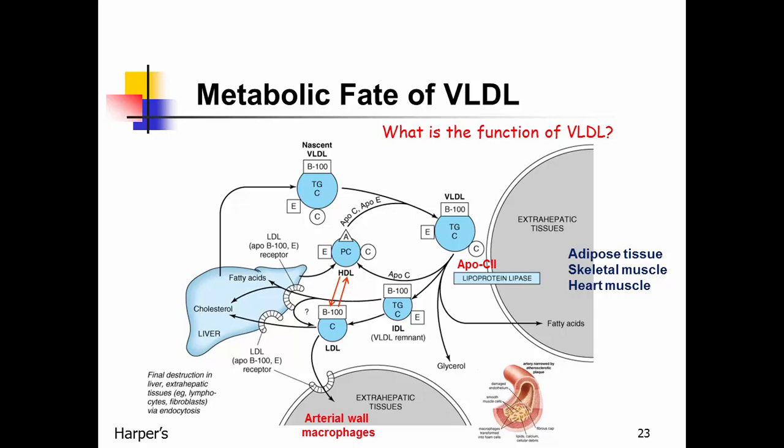Eventually mature VLDL arrives in peripheral tissue, like adipose tissue or muscle, and the triglyceride can be broken down by LPL. ApoC2, on the surface of VLDL, is important for LPL function.